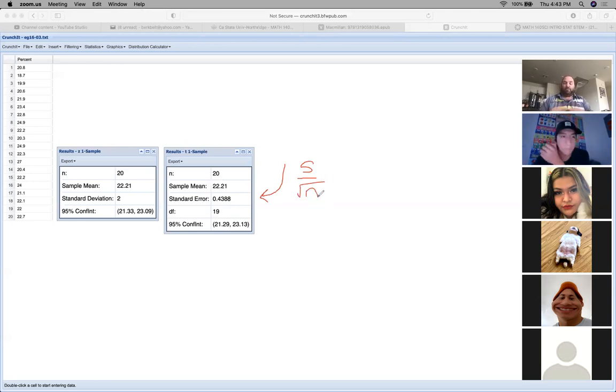So you can reverse engineer the standard deviation by saying 0.4388 equals S over the square root of 20, and therefore S equals 0.4388 times the square root of 20. So you can reverse engineer S, but they don't actually give it to you.